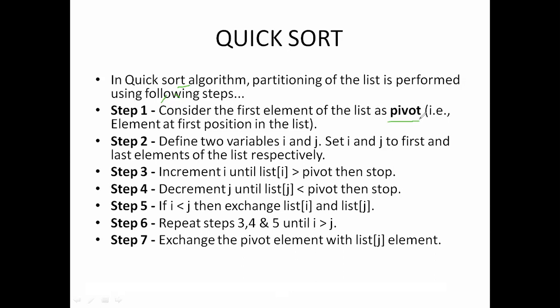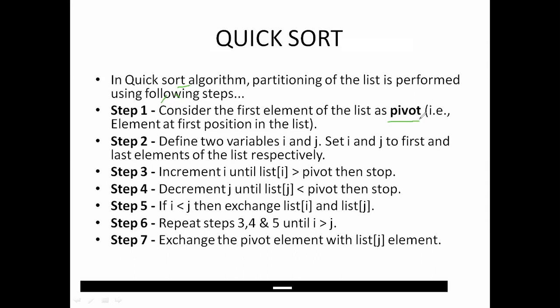Here the list is divided into two partitions such that all the elements on the left are smaller than the pivot, and all the elements on the right of the pivot are greater than or equal to the pivot.